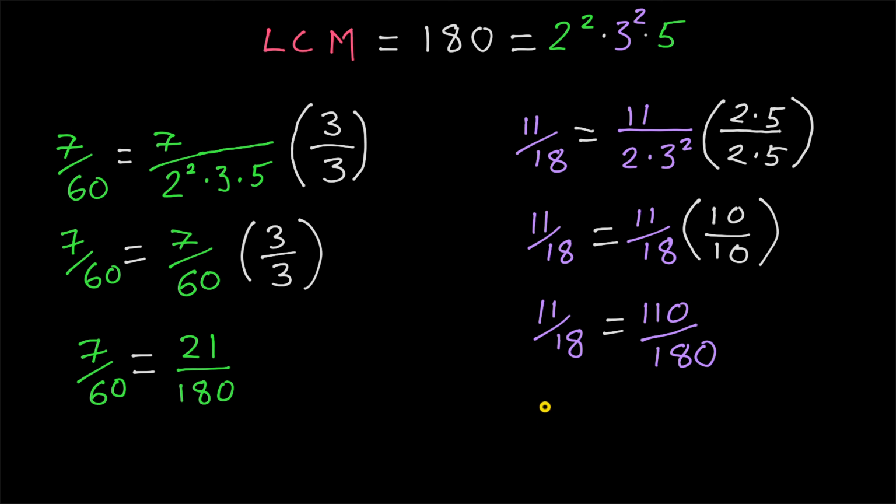So there you have it. The lowest common denominator for 7 over 60 and 11 over 18 is 180. And I've also shown you how to very easily convert these fractions into equivalent fractions with that lowest common denominator using prime factorizations. So these are your final answers.